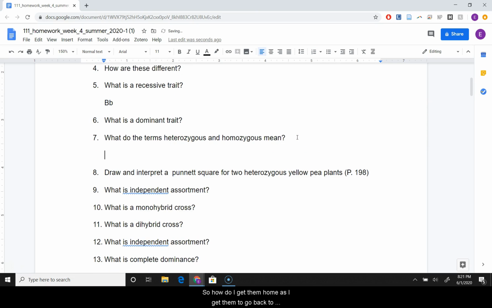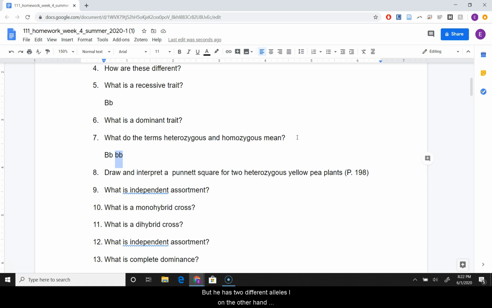So heterozygous and homozygous, I'm going to go back to me and my brother. So there's my brother's genotype. He is, what is he? I'll let you answer that really quick. He is heterozygous. Hetero meaning different. Zygous referring to zygosity, it's not important, but he is heterozygous. He has two different alleles.